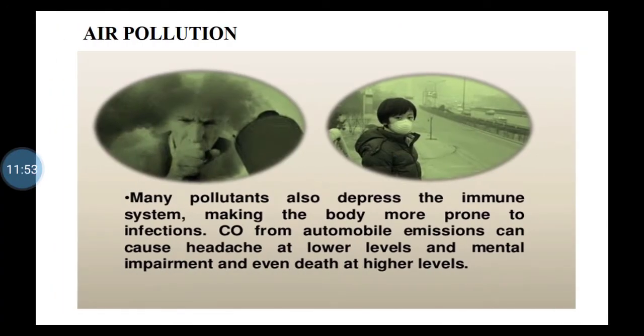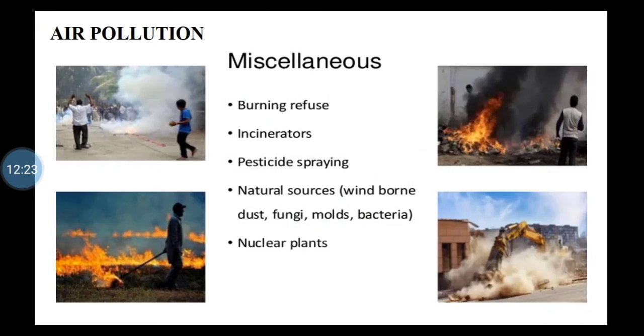Then many pollutants also depress our immune system, and because of this our body becomes sensitive and is easily targeted by microorganisms and we suffer from infections. So carbon monoxide from automobile emissions like two wheelers, three wheelers, four wheelers like cars, can cause headache at lower levels and mental impairment and even death at higher levels.